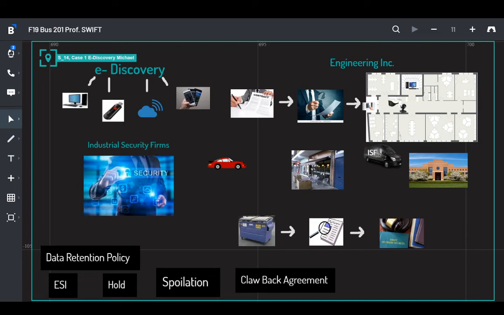And finally, e-discovery is becoming more and more of an issue because of advancements in technology, and everybody is switching over to the electronic-based system. So, yeah, I think that's all I have. Thank you for listening. And nice job.